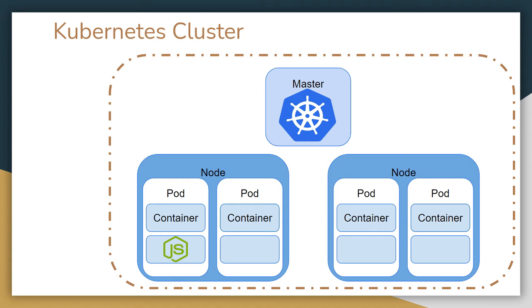Also, in our implementation context, let's assume Jenkins is deploying a new image for this JavaScript server. What will happen is Kubernetes will create a new pod, and each pod has its own IP.